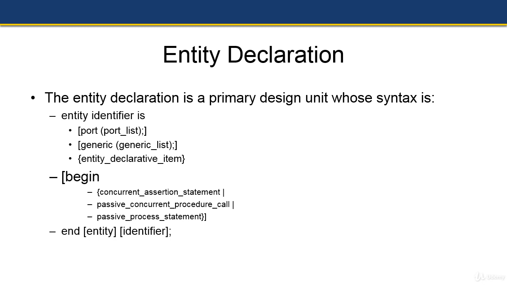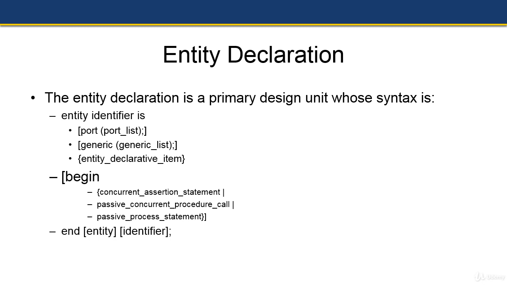The mode of a port signal can be in, out, buffer, or inout for bidirectional. The generic list is used to define the generics that can be changed when the entity is instantiated. Each generic has a default value that persists if the generic value is not changed when the entity is instantiated.